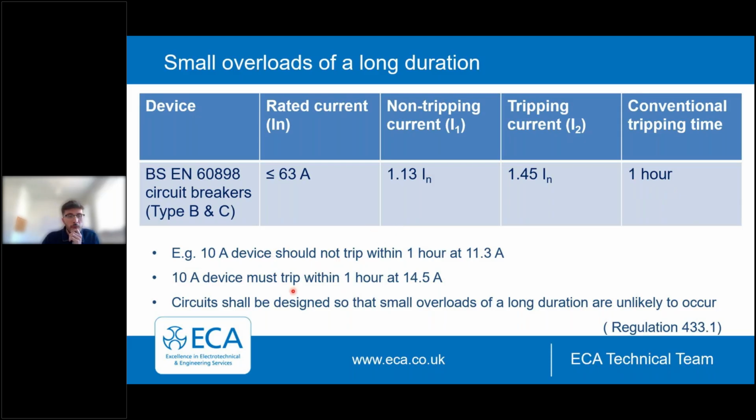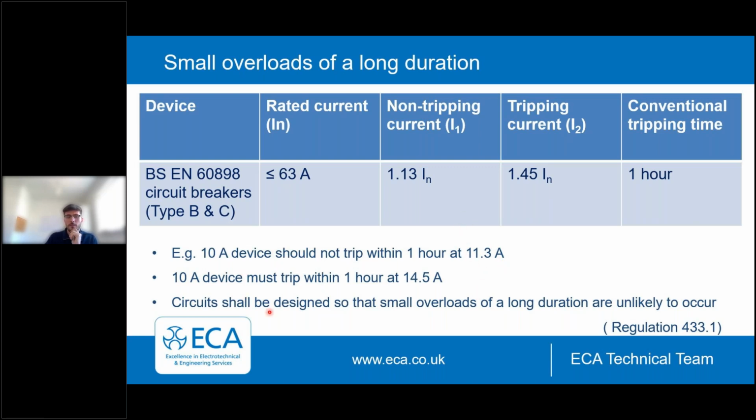So a bit of an example here, if we had a 10 amp type B BS 60898 circuit breaker, it should not trip within 1 hour at 11.3 amps. So taking it from a cold condition, then applying 11.3 amps through the circuit for 1 hour, the device shouldn't activate.